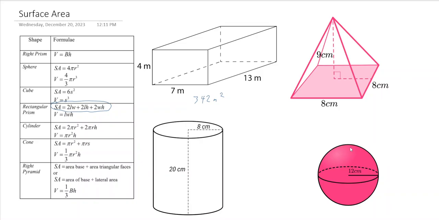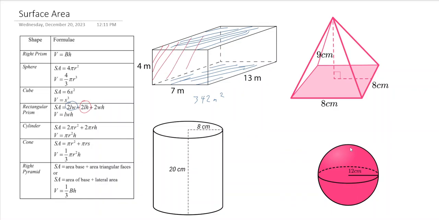Now let me just try to explain this. If we look at the formula, this part here is the length and the width, and doubled. Why is it doubled? Well, it's because the length and width make up the base of the rectangular prism, as well as the top of the rectangular prism. But when we look at the next part, it's doubled as well, which is the length times the height, and that's doubled.